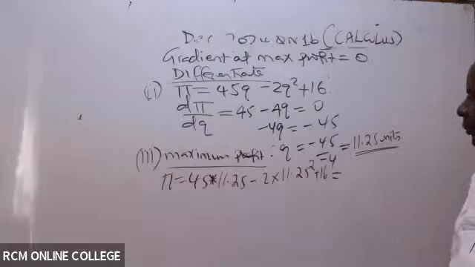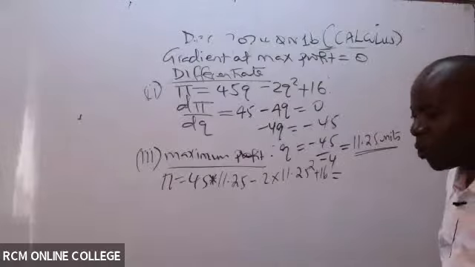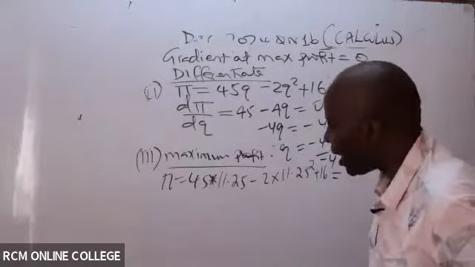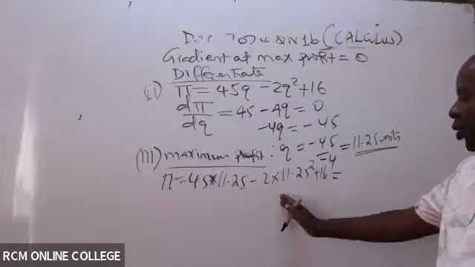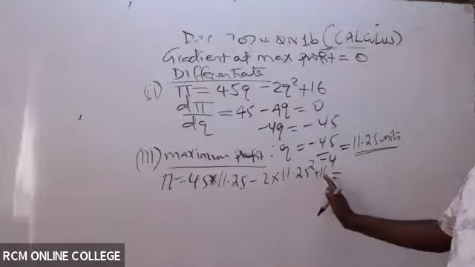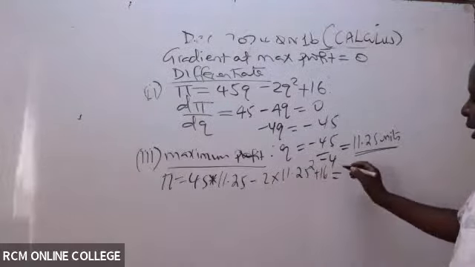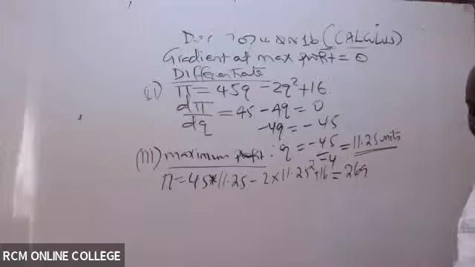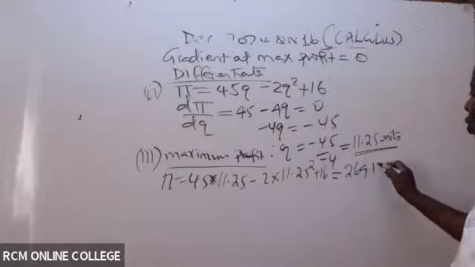I'm waiting for your good answers. You always use your calculator. 45 times 11.25 minus 2 times 11.25 squared plus 16 gives 269.13125. Thank you very much.